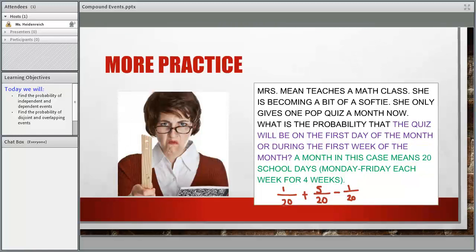So we're going to take that away for these inclusive events. Okay, so we've got 1 plus 5 minus 1, well that's 5 out of 20, which comes out to 1 out of 4. And that's the probability of picking a quiz during the first week of the month.